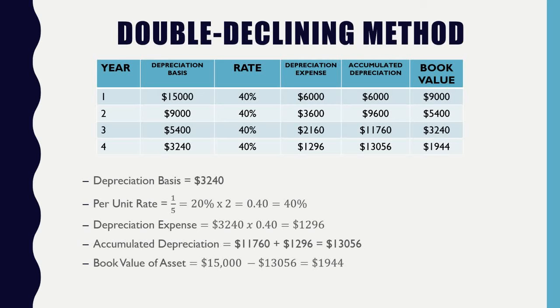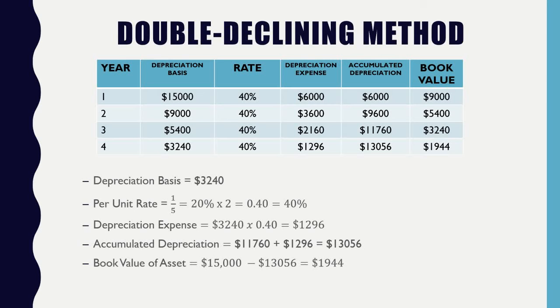I take another 40%, which brings my total book value down to 1,944. Hold on, what was my estimated salvage value that I determined to begin with? 2,500. So in this case, yes, you notice a trend.